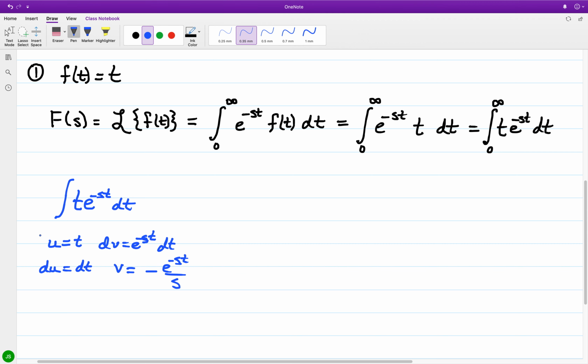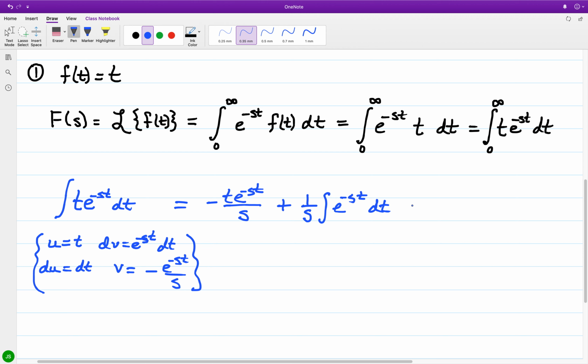With integration by parts, multiplying out u times v, we have the negative of t times e to the negative st all over s. And subtracting the integral of v du translates to addition, so we have plus 1 over s times the integral of e to the negative st dt.